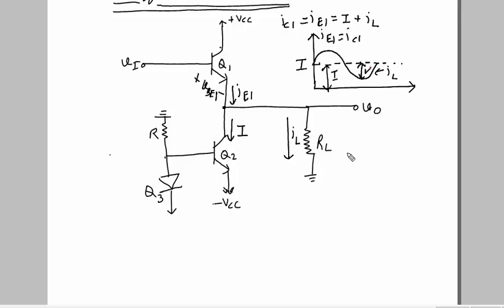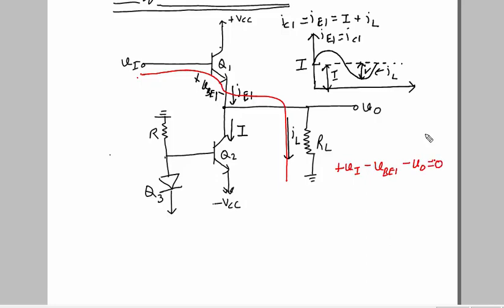Now if we start KVL from here, we can write plus VI minus VBE1 minus V naught equals 0.